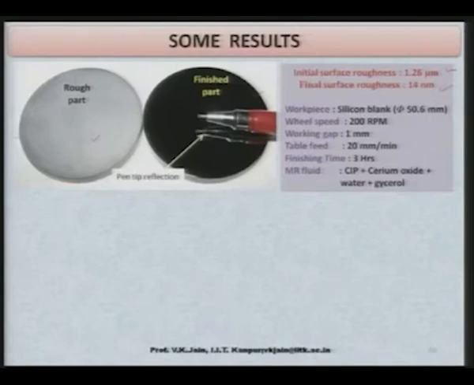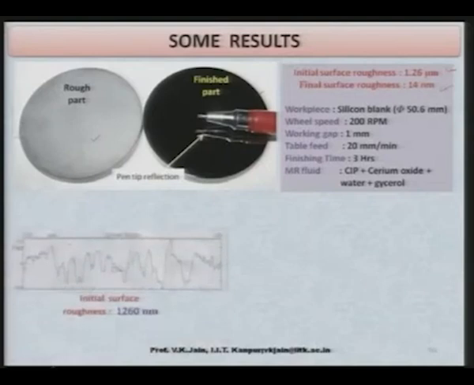The MR fluid consists of CIP carbonyl iron particles, cerium oxide as the soft abrasive particles, and water and glycerol were the other fluids used. And this is the surf analyzer plot for the rough or initial surface, and you can see that 1260 nanometer is the initial roughness, and quite large peaks and valleys are visible in this particular surface.